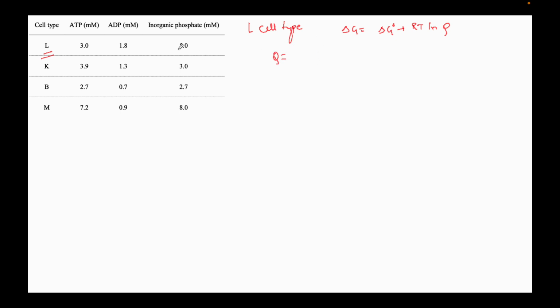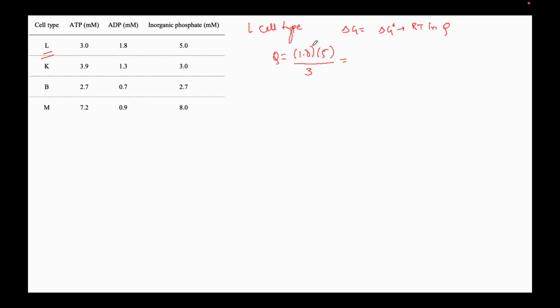Q will be 1.8 into 5, right? Product of the products formed upon the reactant, which is 3.